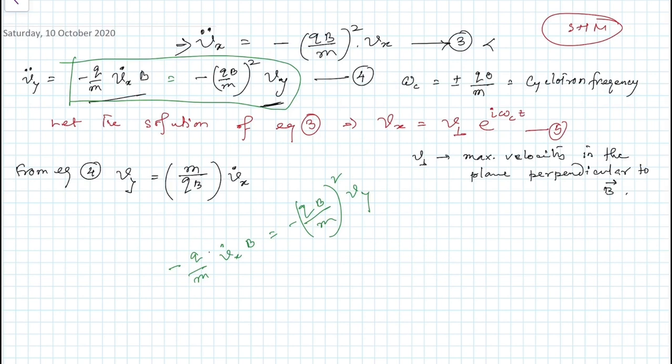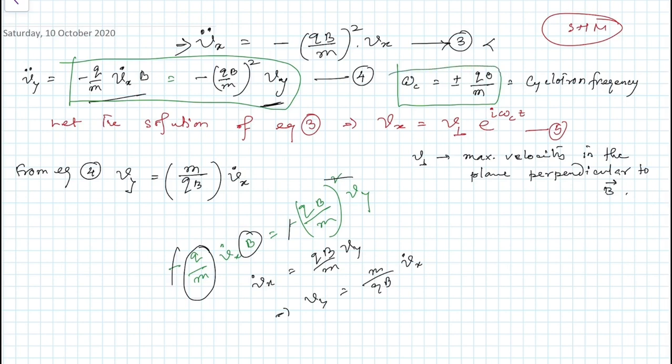Here the minus minus cancel, q by m into B cancels with the square, so we will have Vx dot equal to qB by m Vy, and that implies Vy is equal to m by qB Vx dot. Here omega c is equal to qB by m, so m by qB we can write as 1 by omega c.